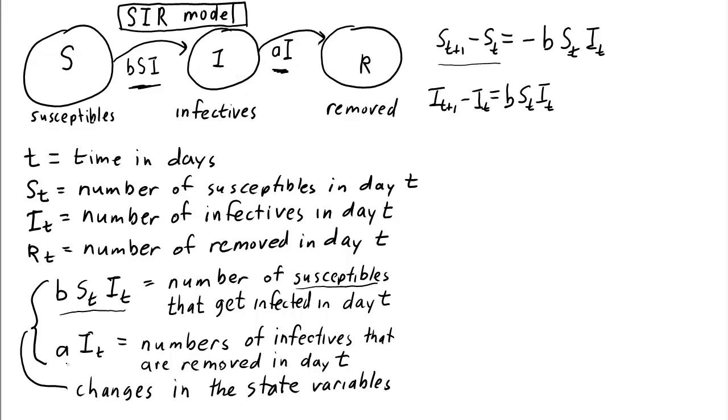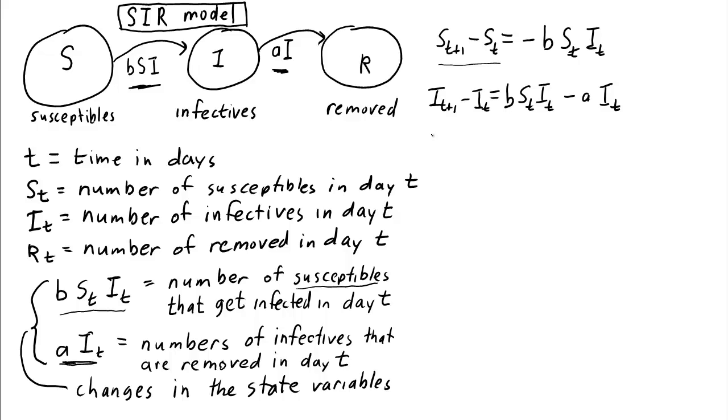In day T, this number of infectives get better, so we should subtract off this quantity because this will reduce the number of infectives. So the change in the number of infectives should be B times S sub T times I sub T, minus A times I sub T.